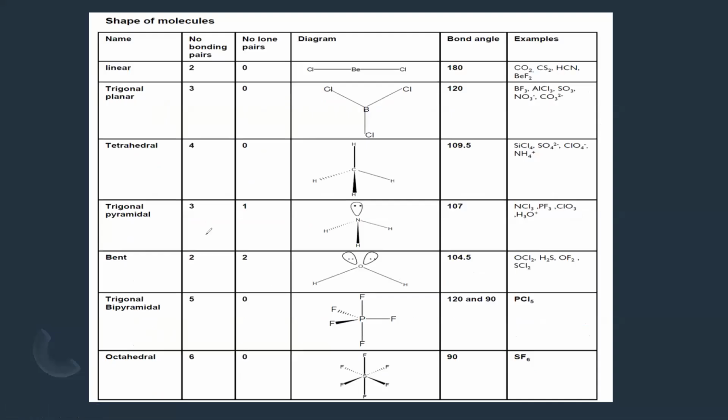So 3 bond pairs and 1 lone pair, we call that trigonal pyramidal, and 3 bond pairs we call trigonal planar, or trigonal is also acceptable. So in PH3 the bond angle is 107, whereas BF3, that's already shown in the example, the bond angle will be 120 and the structure will be trigonal planar.